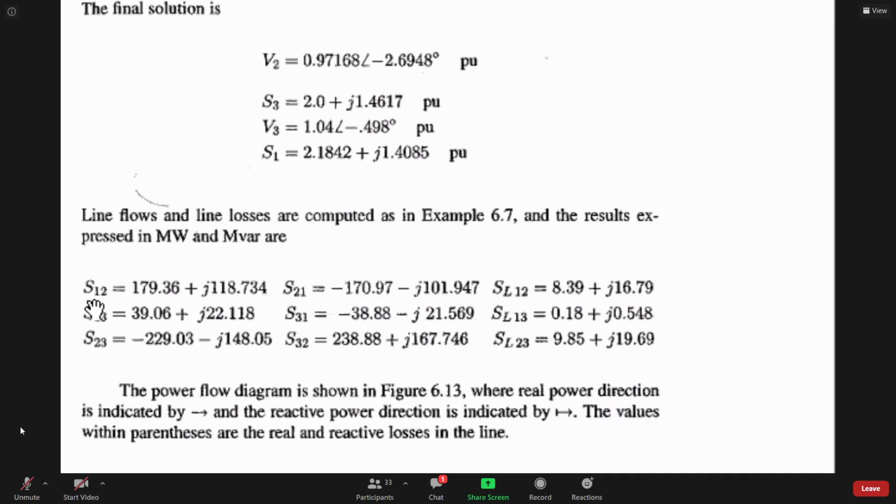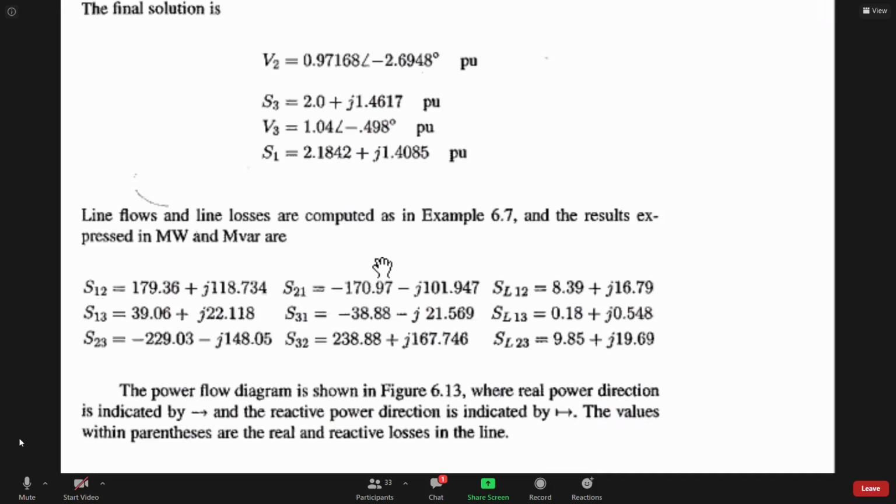So complex power S12 will not be the same as S21. Why is it so? It is already mentioned, right? Yes, it's moving in the opposite direction, but in magnitude it is different. Why is it so?